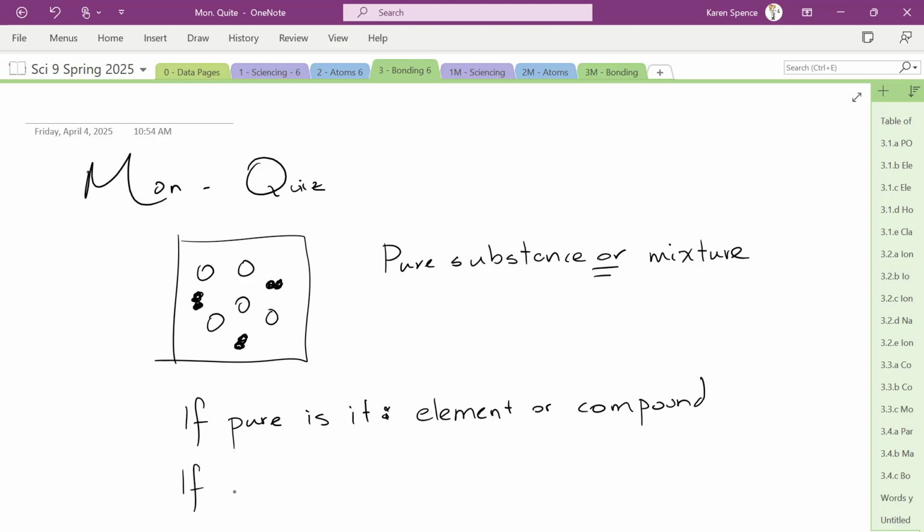And if it is a mixture, what are our two choices for that? Homogeneous or heterogeneous?